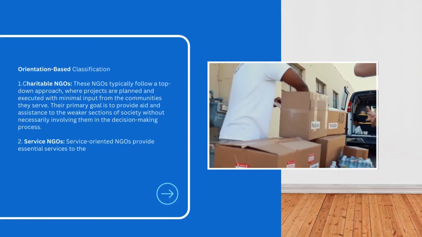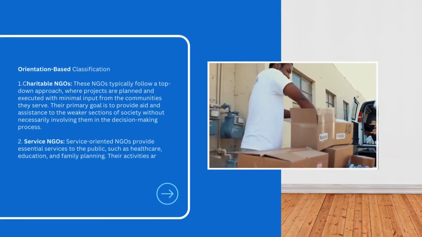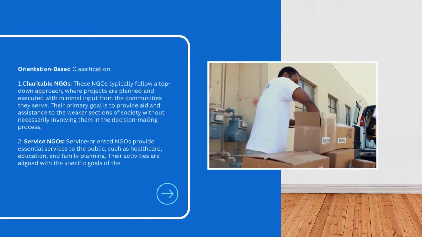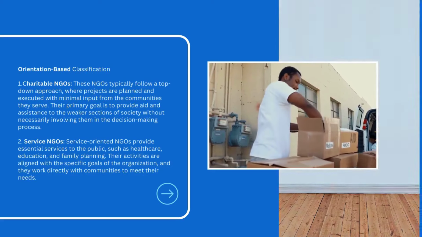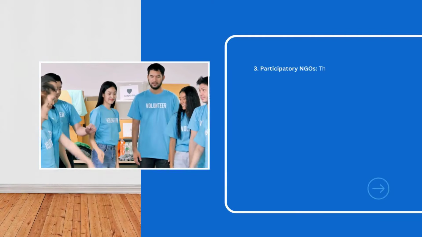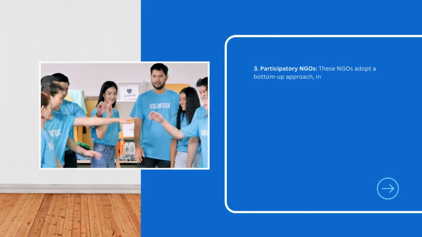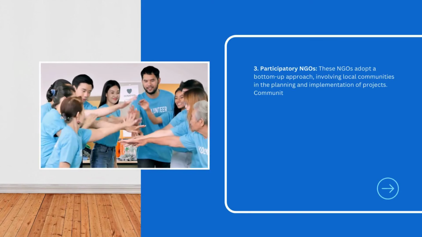2. Service NGOs. Service-oriented NGOs provide essential services to the public, such as healthcare, education, and family planning. Their activities are aligned with the specific goals of the organization, and they work directly with communities to meet their needs. 3. Participatory NGOs. These NGOs adopt a bottom-up approach, involving local communities in the planning and implementation of projects.